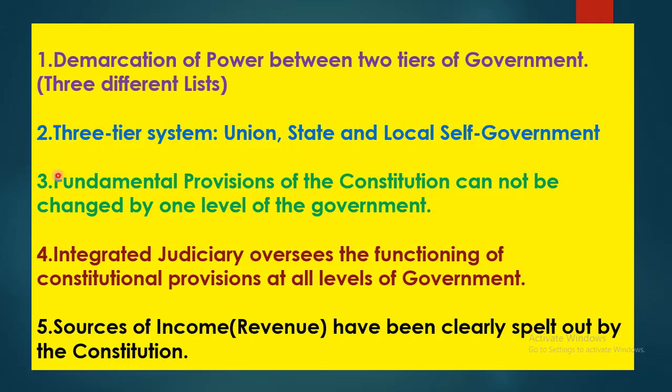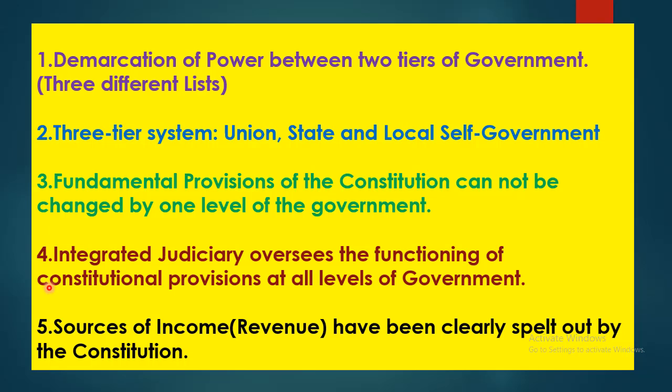Point number 2, we have a 3-tier system of government: union government, state government, and local self-government. Point number 3, fundamental provisions of the Constitution cannot be changed by one level of government. It has to get the approval of both levels of government.